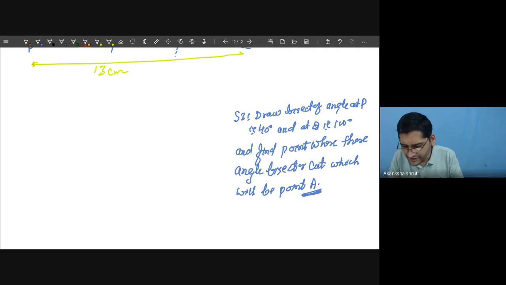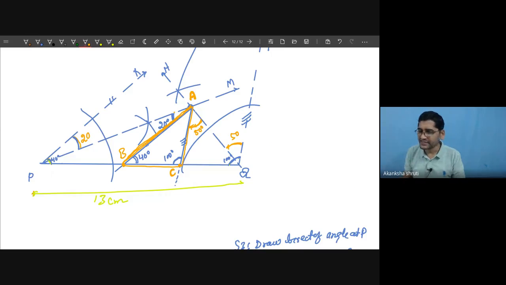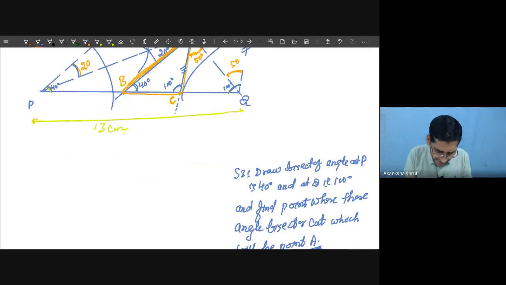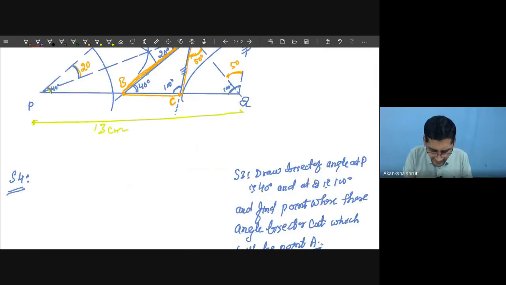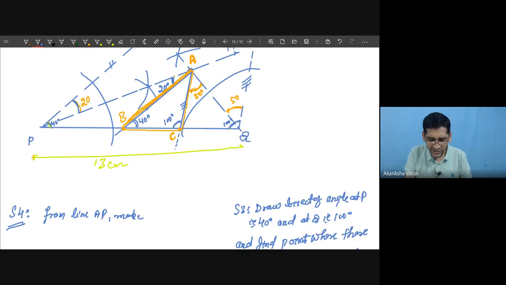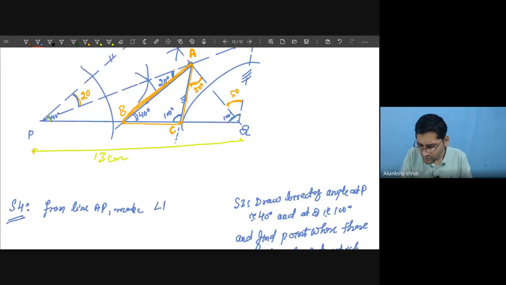Students, here we have written step 3, where point A we have already allocated. Now write down step number 4. From line AP, make how much? Angle P by 2. That is, angle P by 2 is how much? 40 by 2, 20 degree.